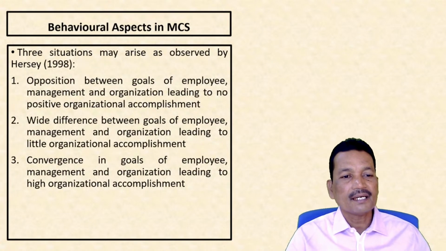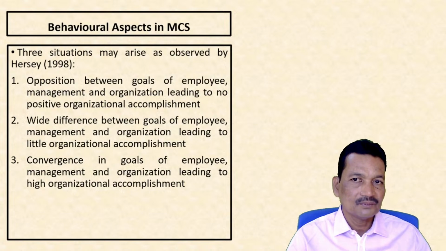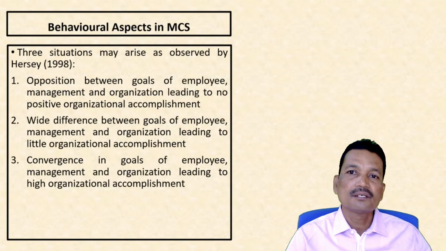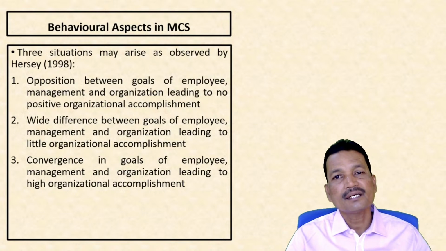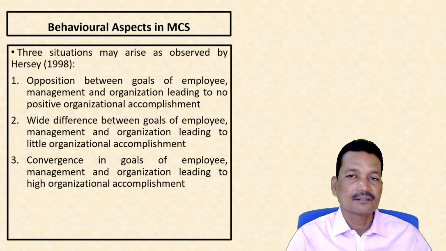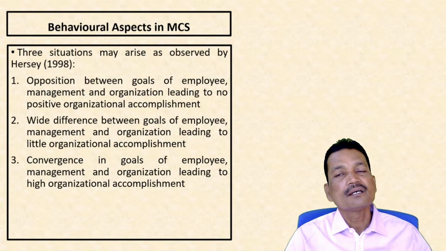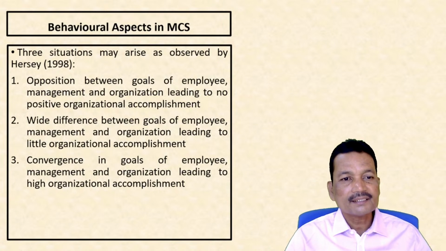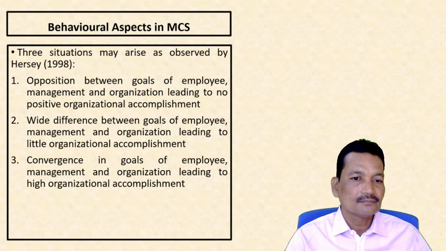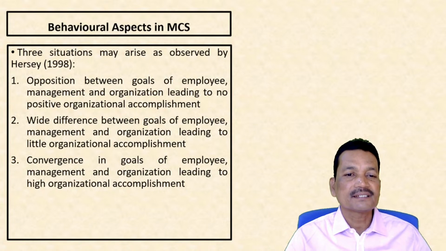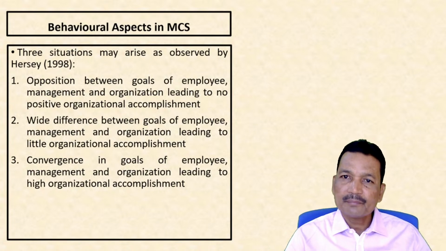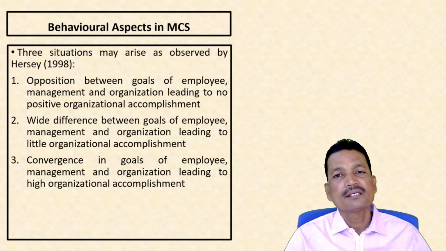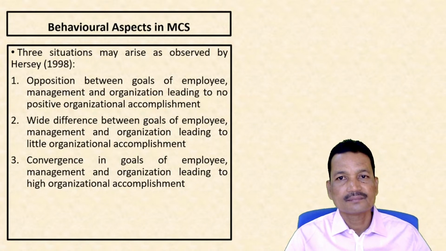Three situations may arise. One is goals differ between the organization and the individuals. So here we cannot have the organizational goal achieved or accomplished. Another way is both the organization and the employees have the same kind of goals, but there is a wide difference.